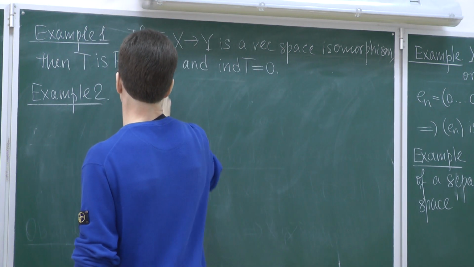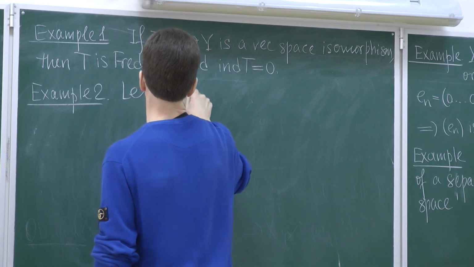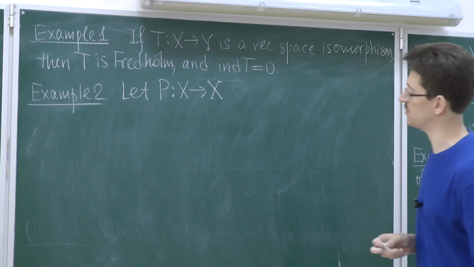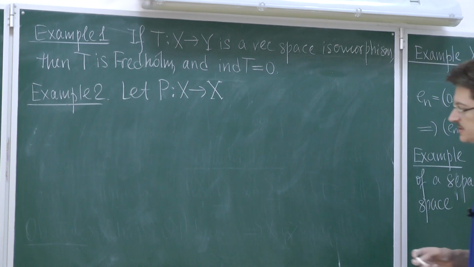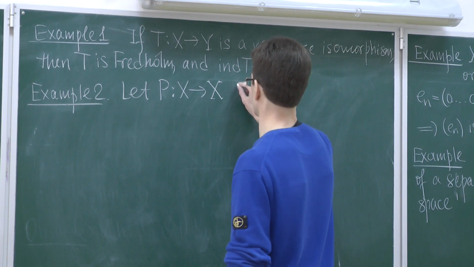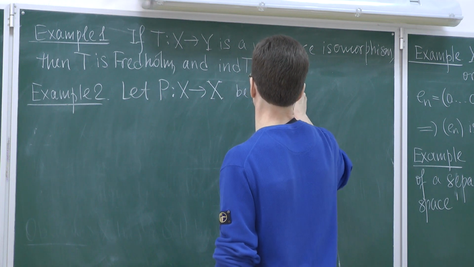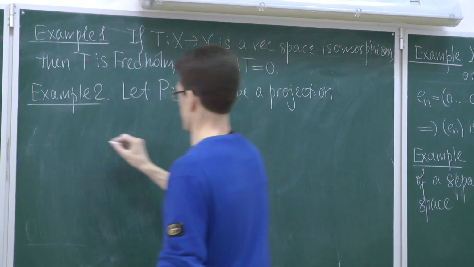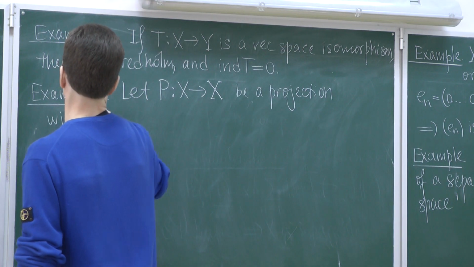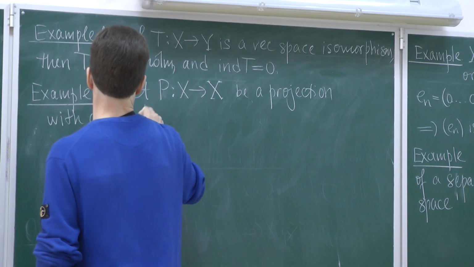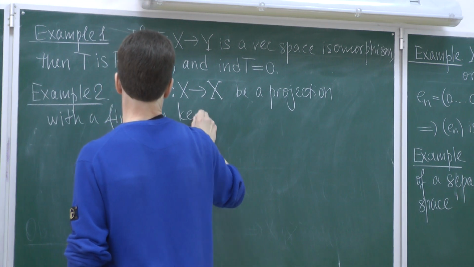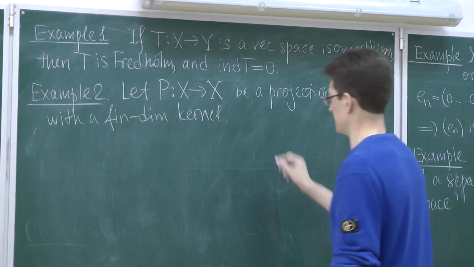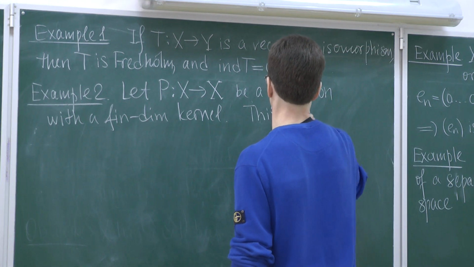Example 2. Let P be a projection with a finite dimensional kernel. In other words, this means the following.